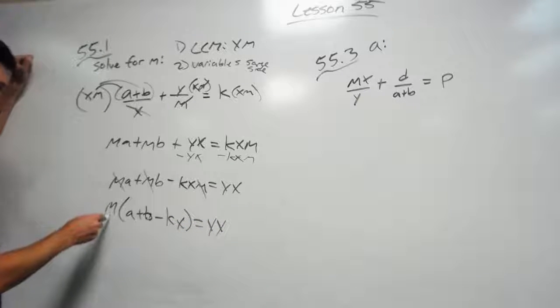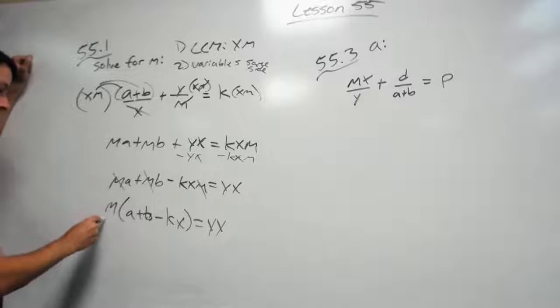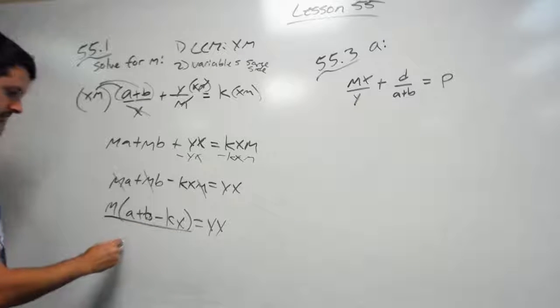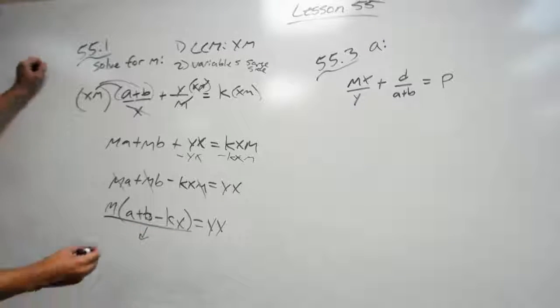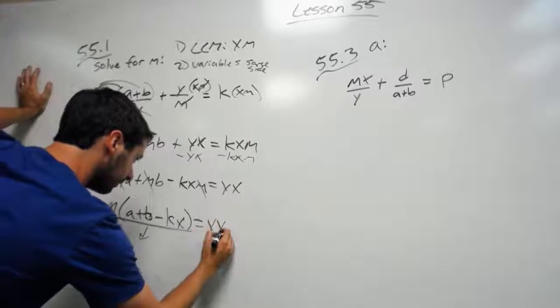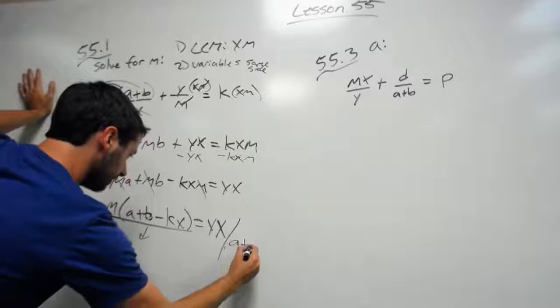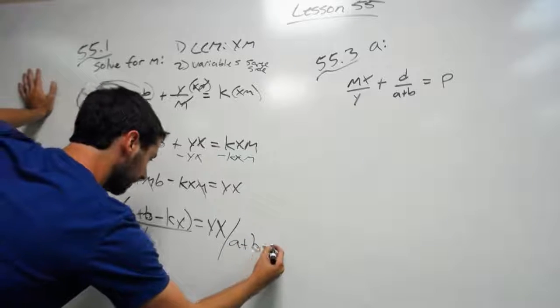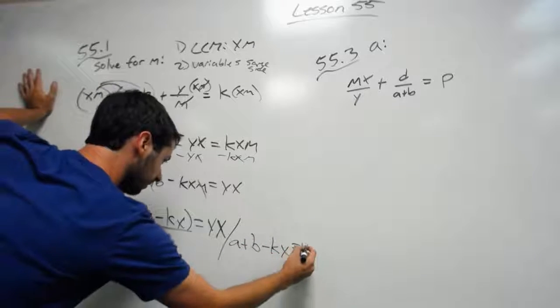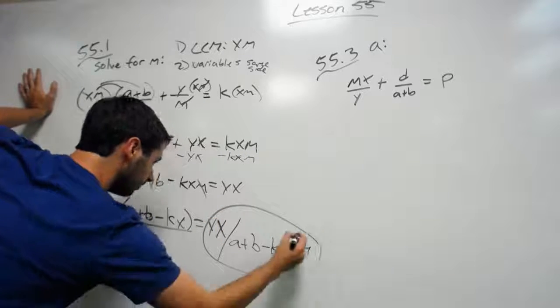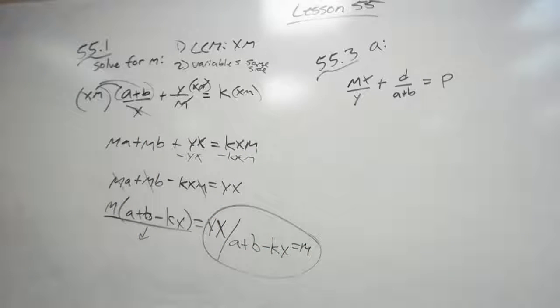Now we have m on its own here, so we can divide by that. So yx over a plus b minus kx would equal m.